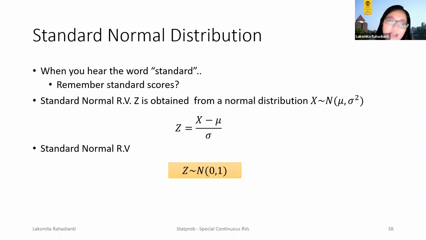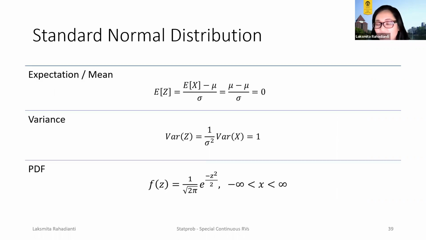That is also why the standard normal random variable is often denoted as the zero mean, z-score. And that would simplify a lot of the calculations.